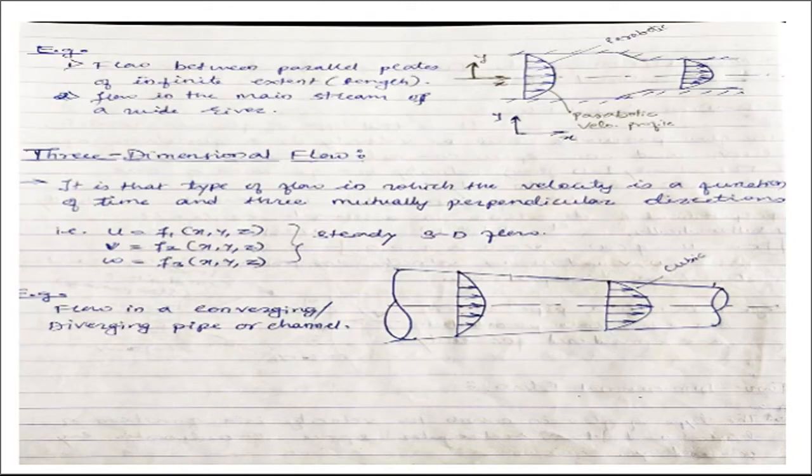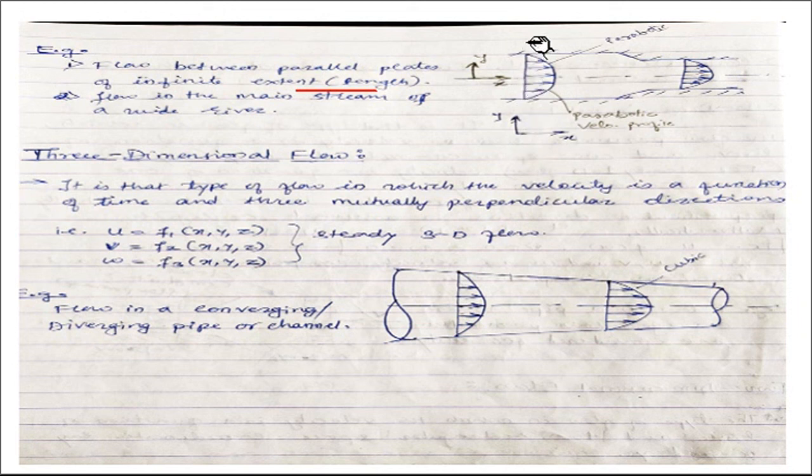An example of 2D flow is the flow between parallel plates of infinite extent. The flow is passing through these parallel plates of infinite extent. Let us say x and y are the coordinate systems.